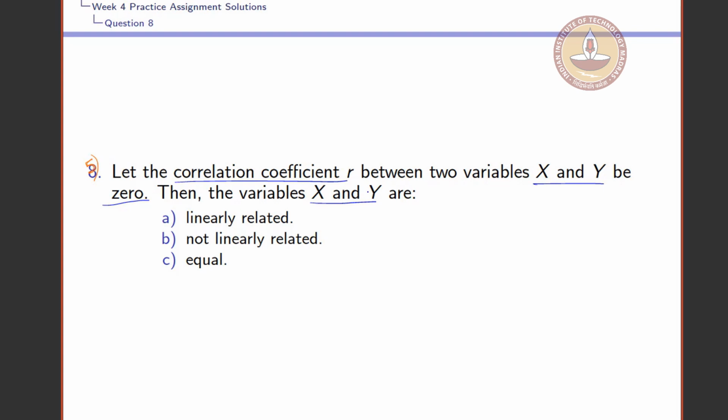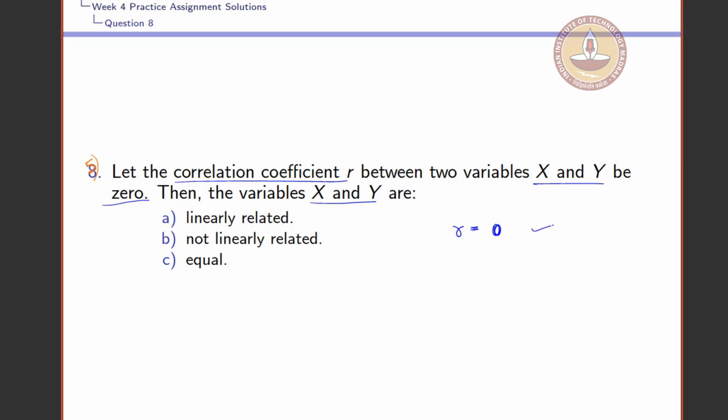So let's see what is given to us. We are given r is equal to 0. The correlation coefficient between two variables x and y is 0. So we have to decide whether they are linearly related, not linearly related, or equal.